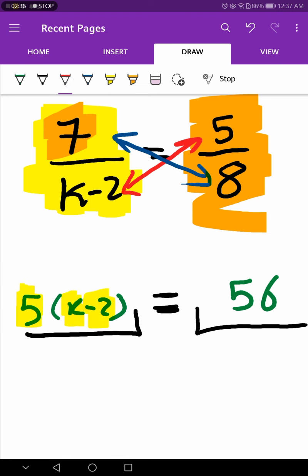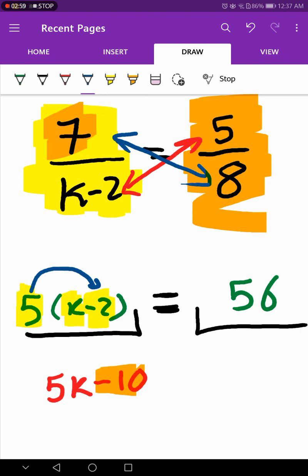Okay, my dear student, let us break the parentheses now. It is equal 5k negative 10. And this is a common mistake that happens all the time. They keep it negative 2. They didn't make Ali visit his farm.